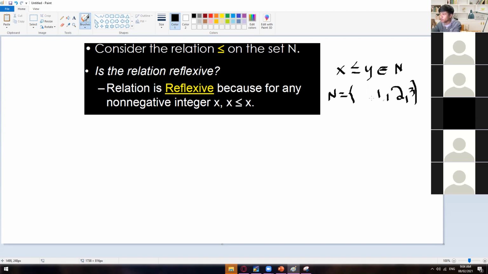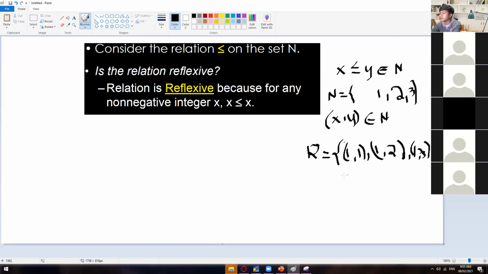Okay, so we'll just take 1, 2, and 3. As you can see right here, we have this condition. If we have these elements for the ordered pair, x, y is an element of natural numbers, so you can form a relation: 1, 1, 1, 2, 1, 3, and then 2, 2, and then 2, 3, and then 3, 3.